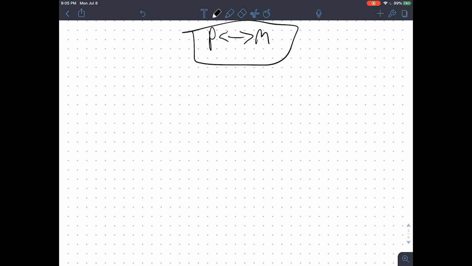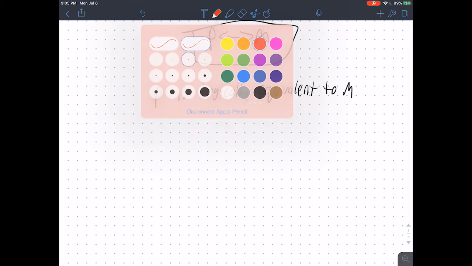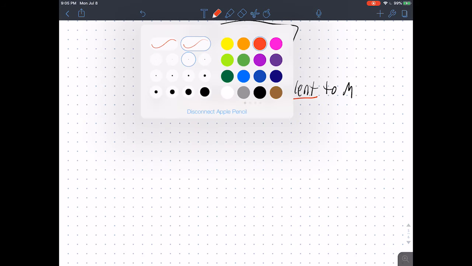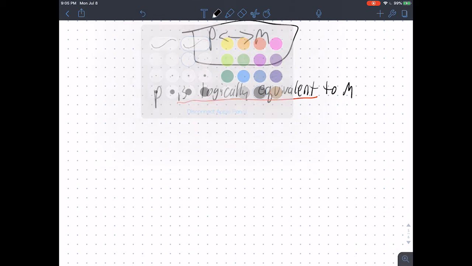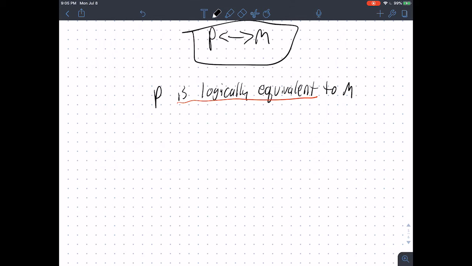There is another one that will only ever crop up in a logic class. If you ever hear me say something like P is logically equivalent to M, as you learned in the previous module on implication and equivalence, we would also translate this with a biconditional arrow.